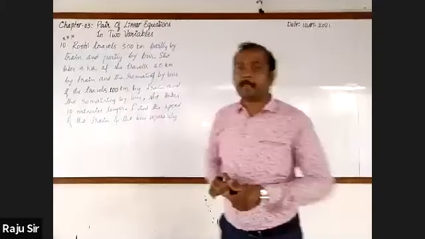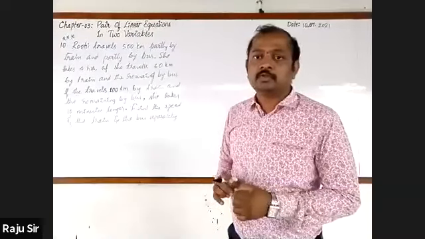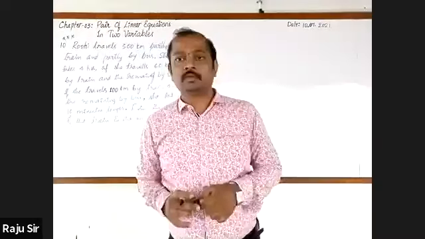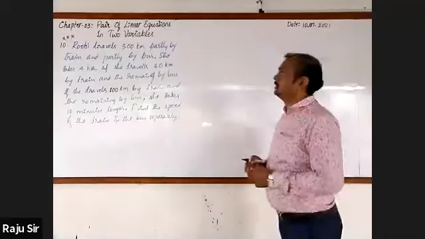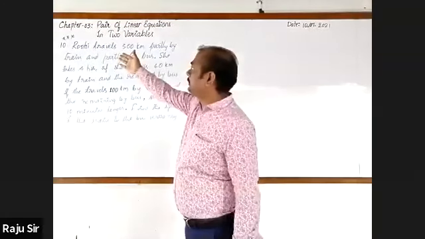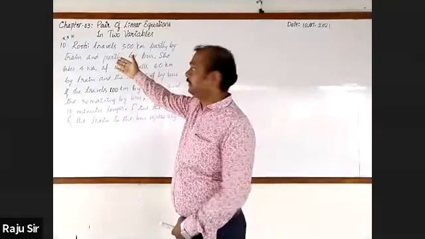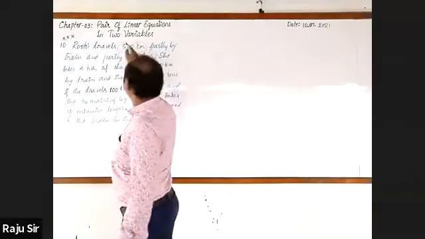Listen, you may stop writing and observe the board. Look here. Once you go through the given statement, there is a person, Ruhi, and she travels a total of 300 kilometers.